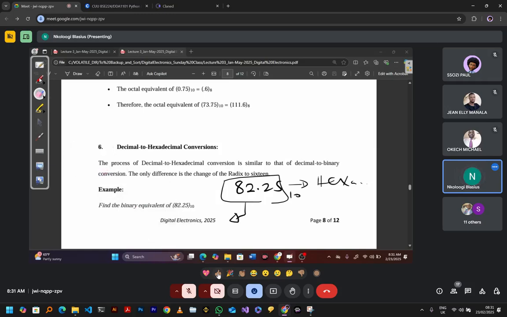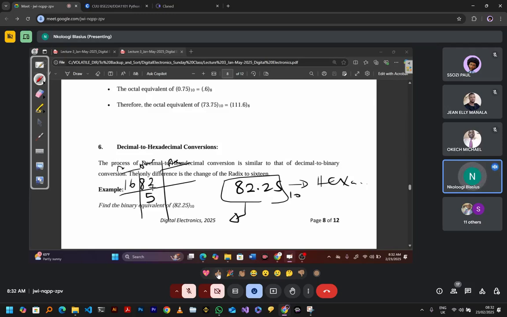Wait. I have to create some space here. So I'm converting 82 to base 16. This is where I'm going to place our remainder. This is the dividend, this is the divisor. So 82 divided by 16, you have 5. So you record the 5 here. And then, of course, 5 times 16 is 80.